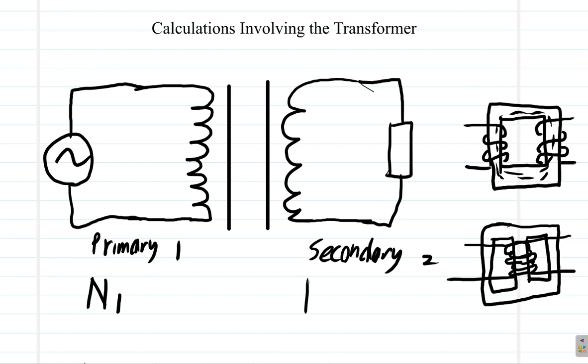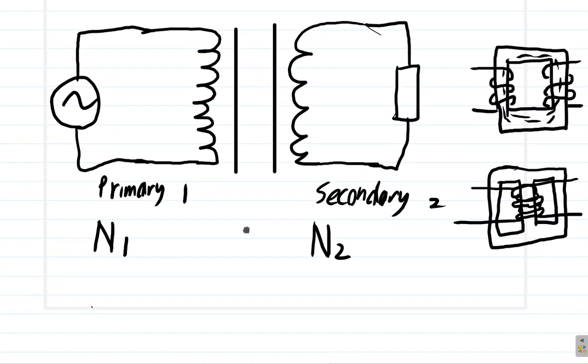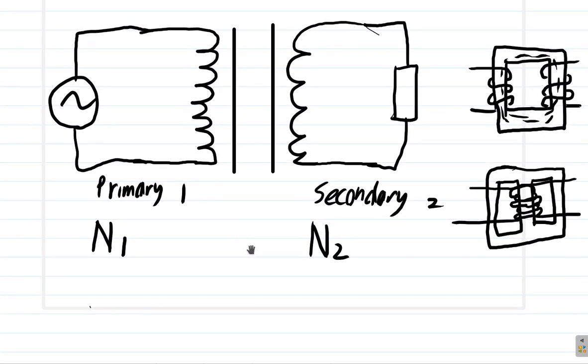When you wrap the coil that's connected to the load, you say N2, the number of turns on the secondary side. Sometimes NP and NS are used. I'm going to use N1 and N2. Alright? The voltage that you apply to it is V1, and the voltage that you get out to the load is V2.